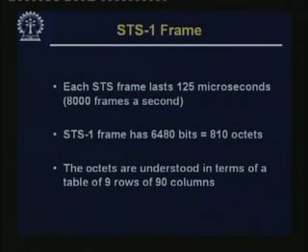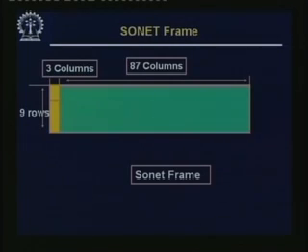The octets are understood in terms of a table of 9 rows and 90 columns. Let us look at this figure. This is a SONET frame or an SDH frame, which has 9 rows on this side and then 90 columns in total. Out of these 90 columns, 3 columns have been shown in yellow. These are used for overhead, and the remaining 87 columns are used for payload, or the envelope.